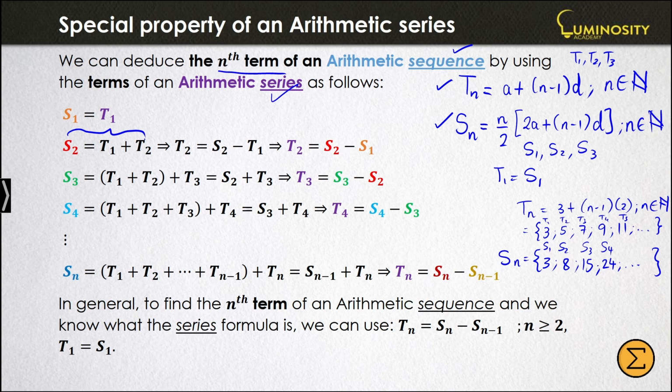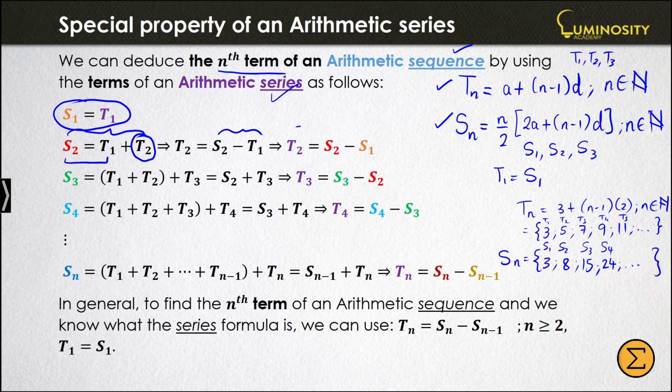But we want to try to get the Tn term in terms of just the S terms, the series. So what I'm going to do here is take T2 and make it the subject of the formula. So I'm going to say S2 minus T1. But T1 is S1. That we already established. The sum of the first term is just the first term itself.